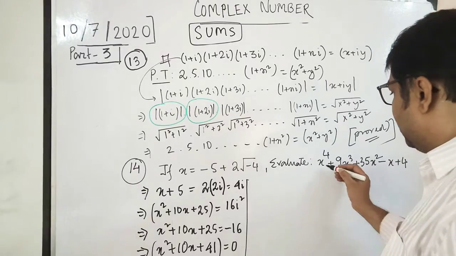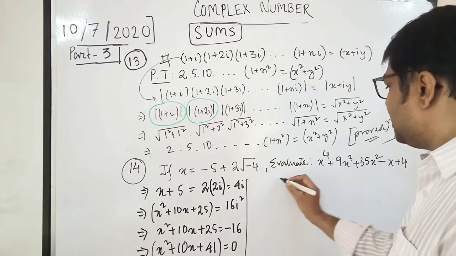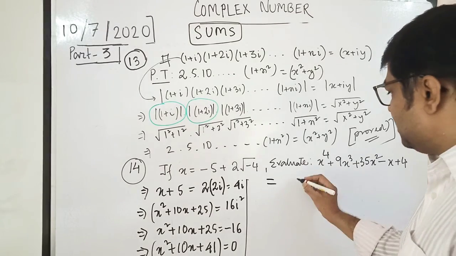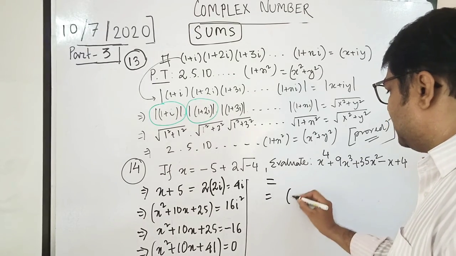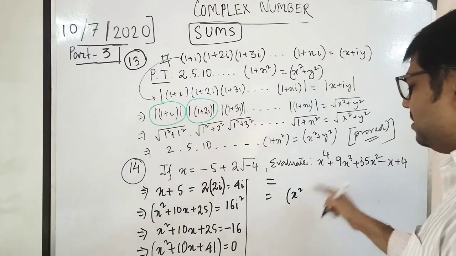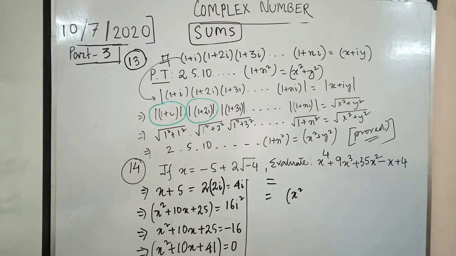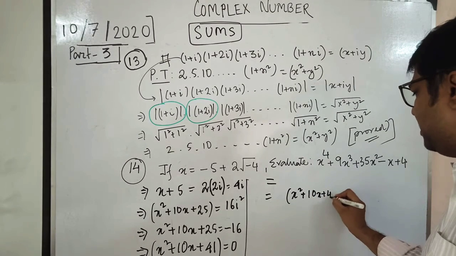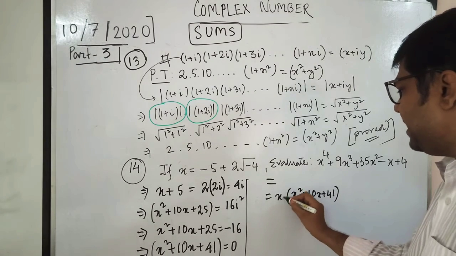So what I'll do, this expression I am writing, look at it, equals. This is a kind of 3 lines which go together. So x square plus 10x plus 41, I multiply by x square. Why so?